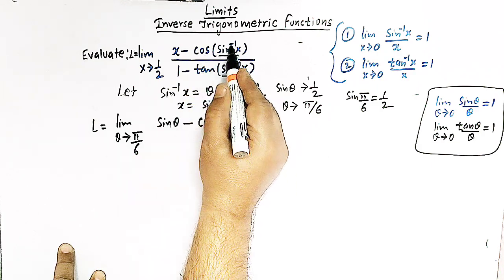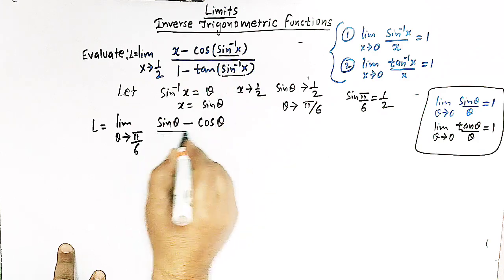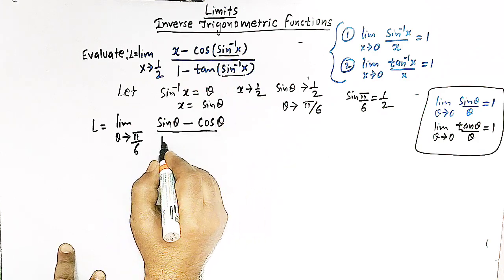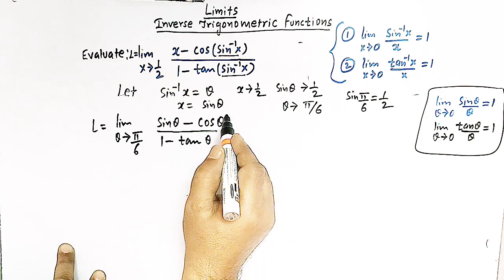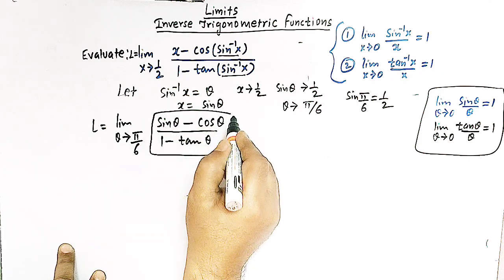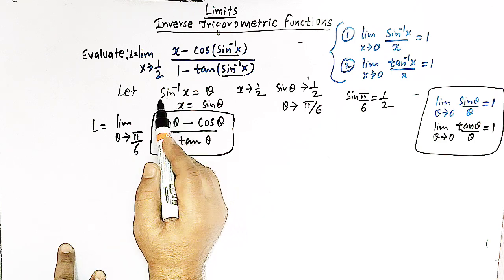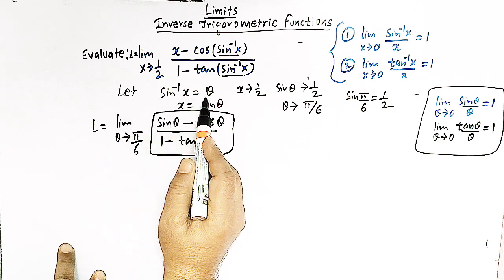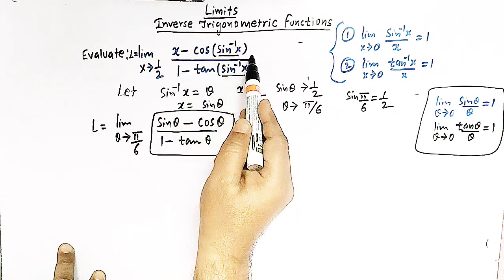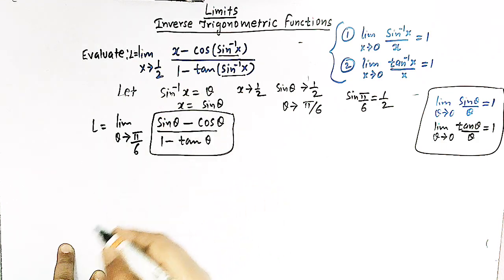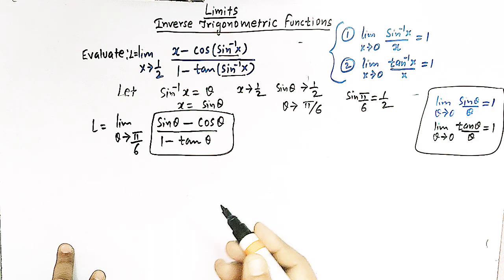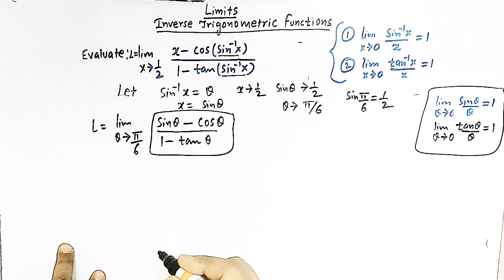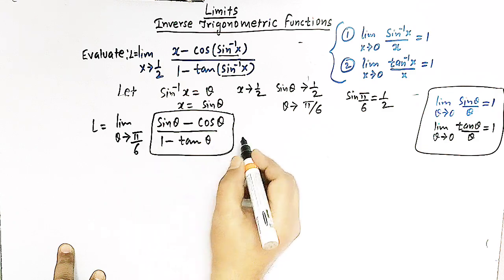For sine inverse x we have theta, and here we have 1 minus tan theta, right? So now this is a trigonometric expression, right? So the purpose of making this substitution is to convert this limit into the normal trigonometric functions, and then we can make use of the standard identities in trigonometry, right? So let us solve this expression.